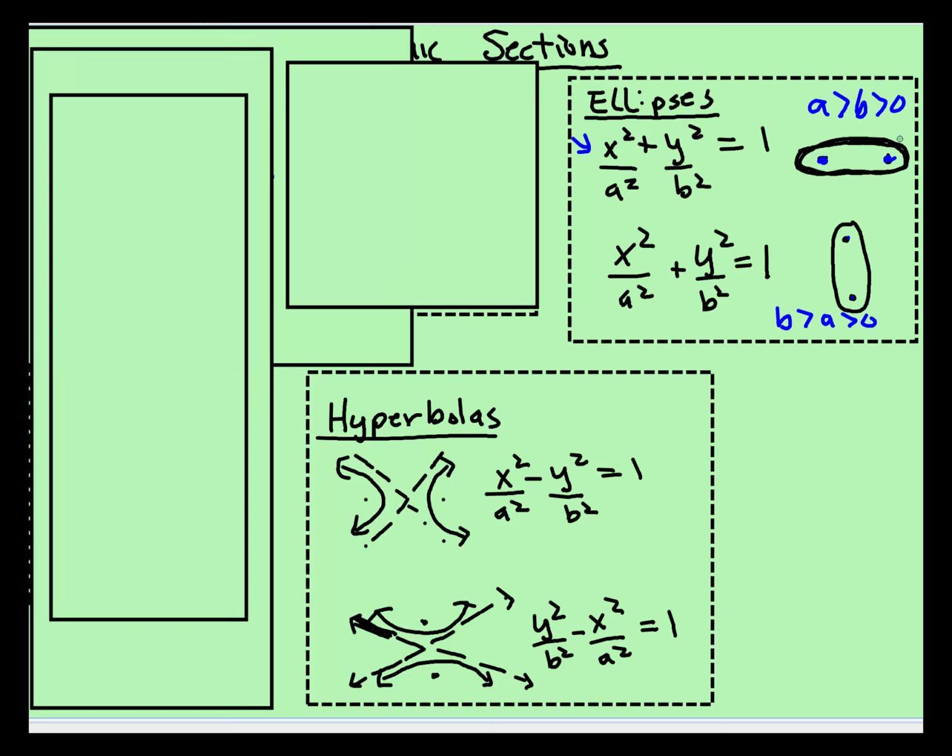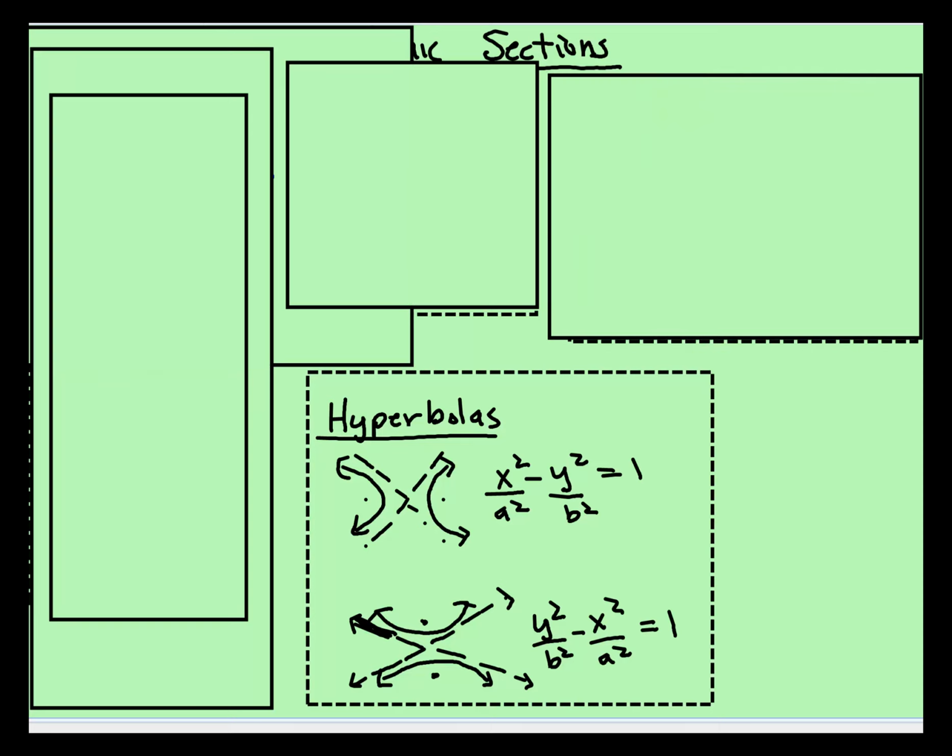All right, and then finally, we have what are called hyperbolas. What they kind of look like are 2 parabolas that face away from each other. They're not parabolas, they're called hyperbolas, and there are going to be some interesting pieces that you need to know. But here is the basic formula of a hyperbola that is facing towards the x-axis, towards the left and the right: x squared over a squared subtract y squared over b squared is equal to 1.